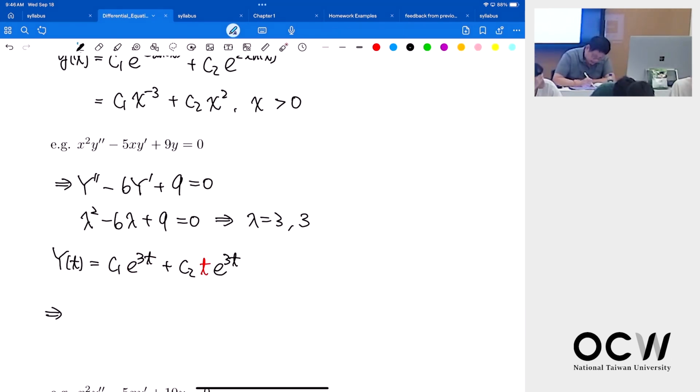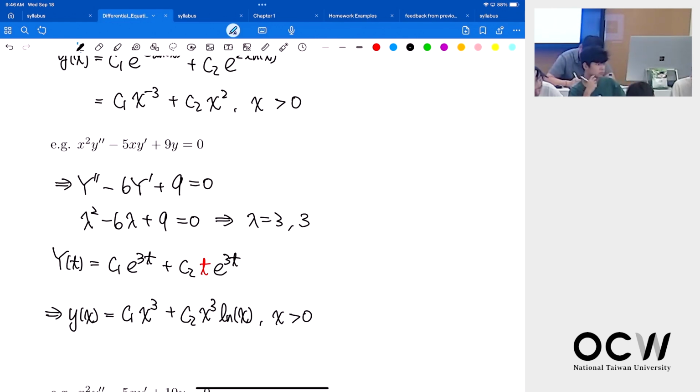Then back to y of x, you get c1 x cubed plus c2 x cubed natural log of x.